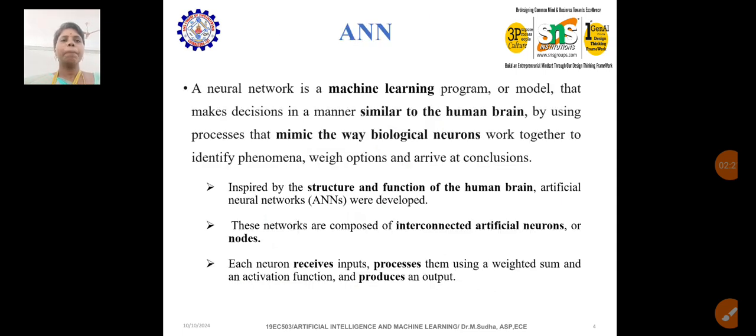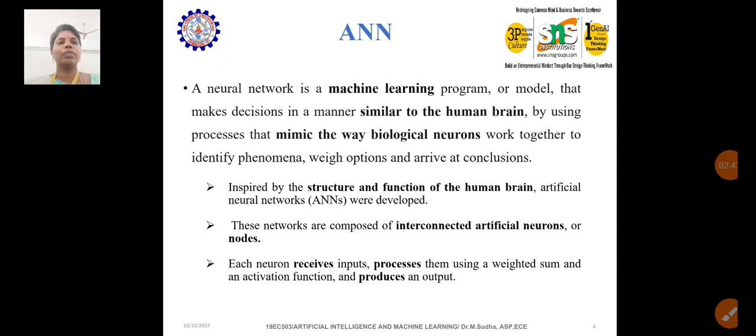An artificial neural network is a machine learning program or model that makes decisions in a manner similar to the human brain, by using processes that mimic the way biological neurons work together to identify phenomena, weigh options, and arrive at conclusions. In the last slide I discussed this in detail.